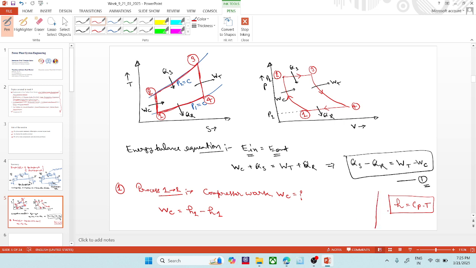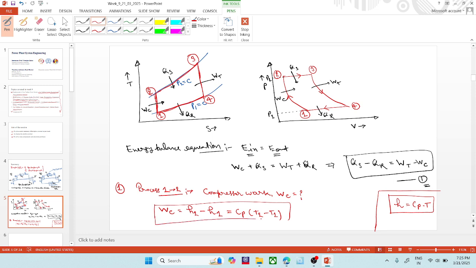Let me club it here, as this is not part of any expression. So the value of WC would be Cp into T2 minus T1. This would be my compressor work, equation number 2.